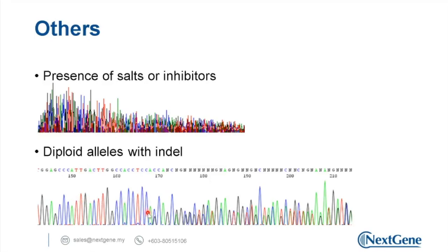And the weird thing over here is that we can only see two peaks. At each position, we can only see two colors, meaning there is only two pieces of information available. So this is possibly caused by an allele with a deletion or insertion. It means that in one allele we have the normal copy, the upper one. In another allele we have some deletion, that's why it's cut short. So the signal moves forward, and therefore there is overlapping.